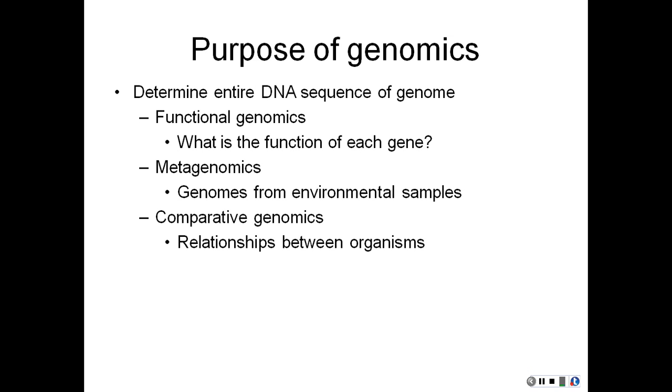Everybody's got ribosomes, so we can compare that. So we can figure out the evolutionary history of life on Earth, and we can explore evolutionary questions. We can look at coevolution between microbes and their hosts, right? We can ask other sorts of questions that have an evolutionary basis.